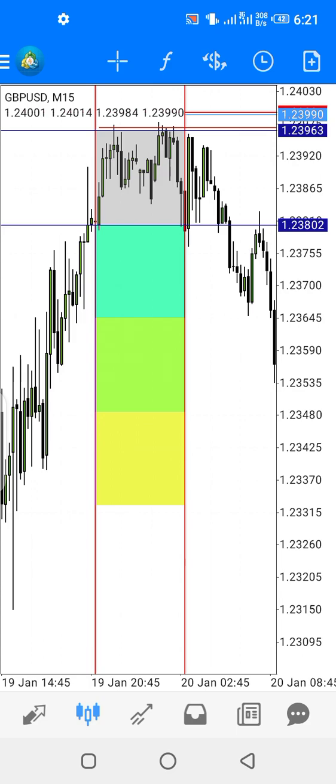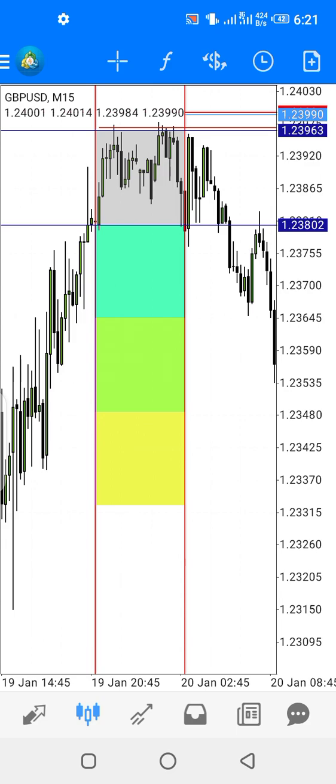But most times, understanding it with the concept of PO3, it will retrace, like form a Judas swing before the move.